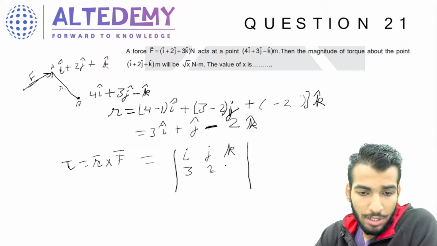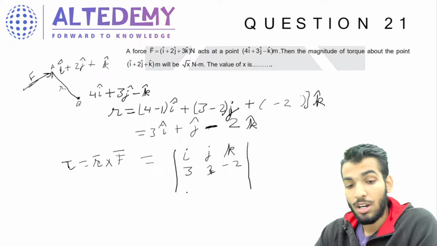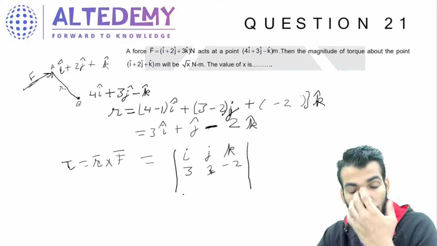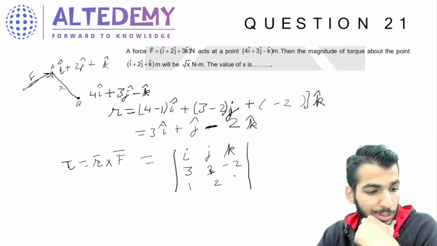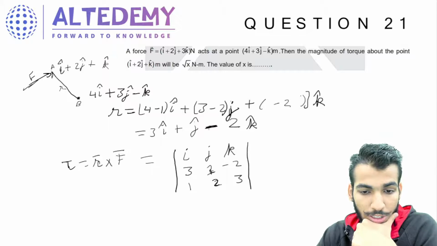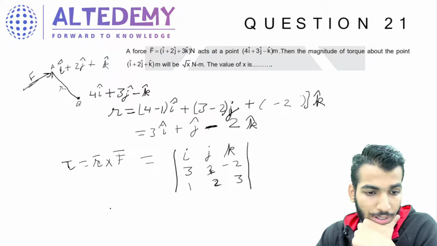3 1 minus 2. These will be the coordinates, the points which should be put in the matrix to get the answer. Let's not waste our time any further. Let's move to the question and see what it does.